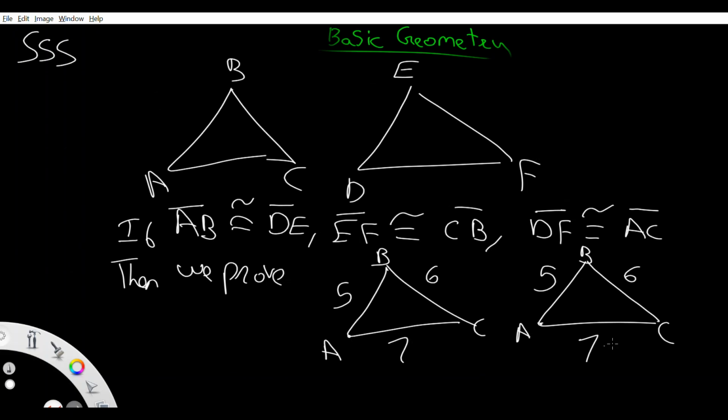And AC and AC are the same. And BC and BC are the same, 6 and 6. So that means that they are congruent to each other. Even if they are labeled differently, ABC and DEF, this still means that they are congruent because the corresponding sides are the same.